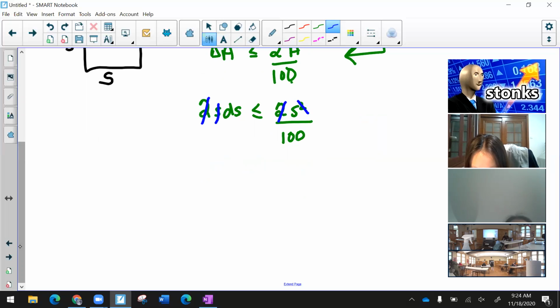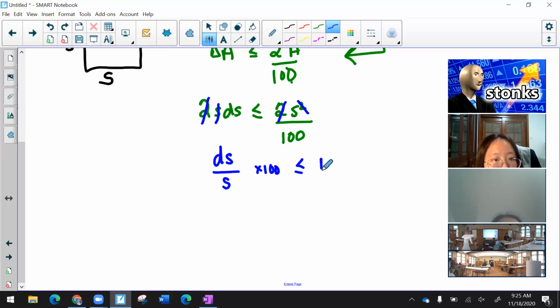And since my original uncertainty in A was a percent, then I probably want my uncertainty in S to be a percent too. So if I rearrange this a little bit, I could take dS over S times 100 is going to be less than or equal to 1.